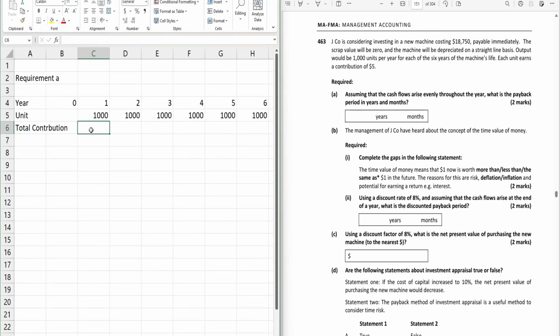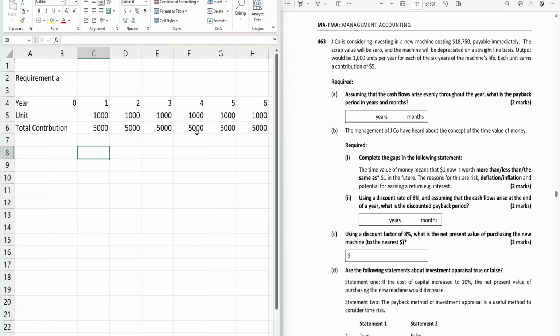What will be the total contribution for the 1000 units? We simply multiply, and it's 5000. This is what the sentence is saying: the company's cash flow is even, meaning it's equal throughout the year. There are no changes.